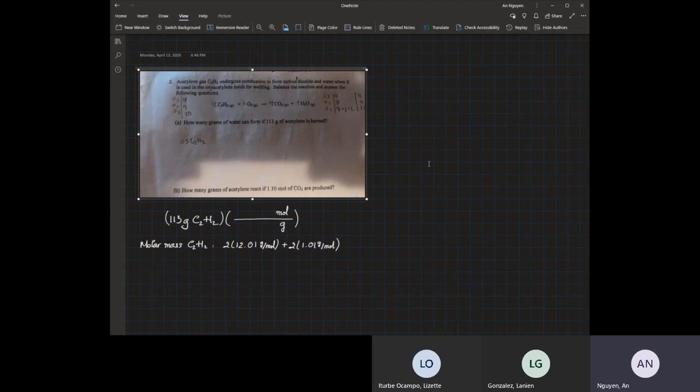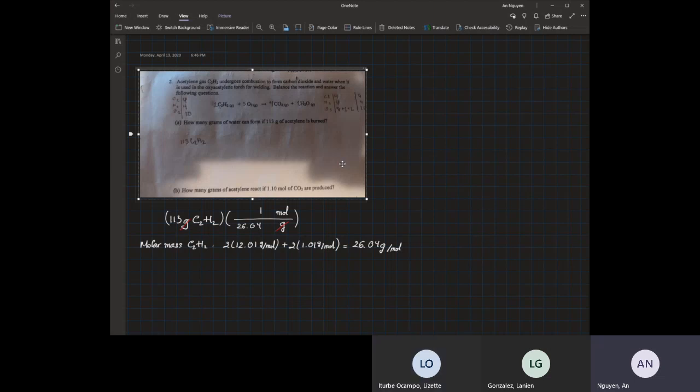These numbers you can look up on the periodic table. So that gives us 2 times 12.01 plus 2 times 1.01, which is 26.04 grams per mole. So for every 1 mole, we have 26.04 grams. The grams and grams cancel, so now we are left with moles.